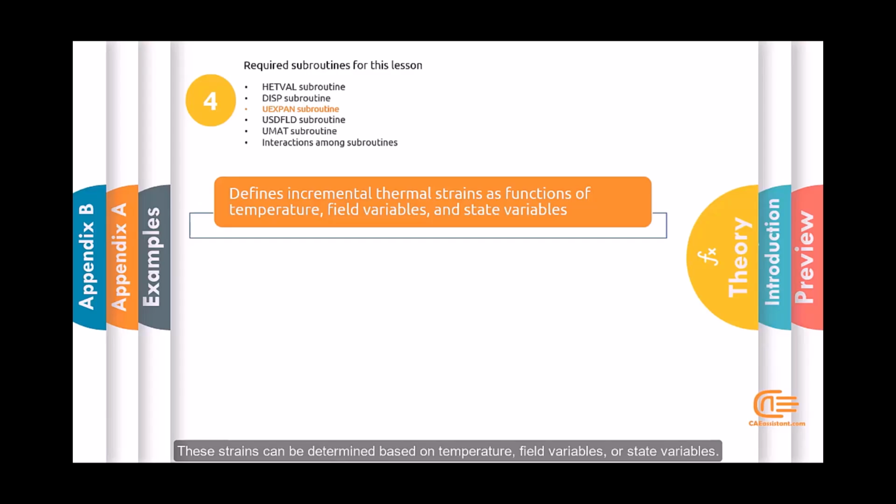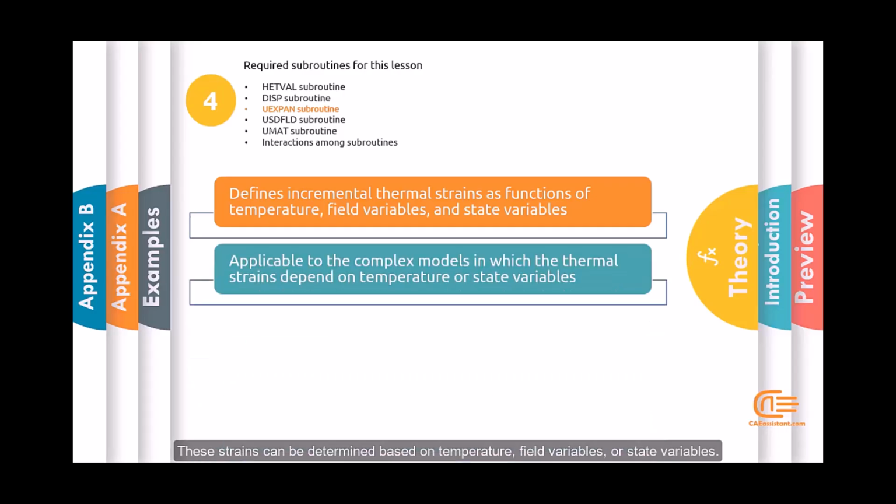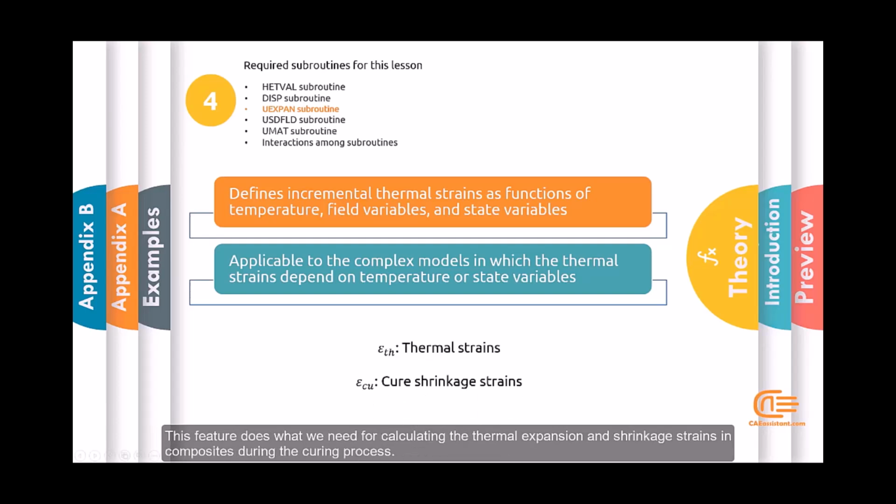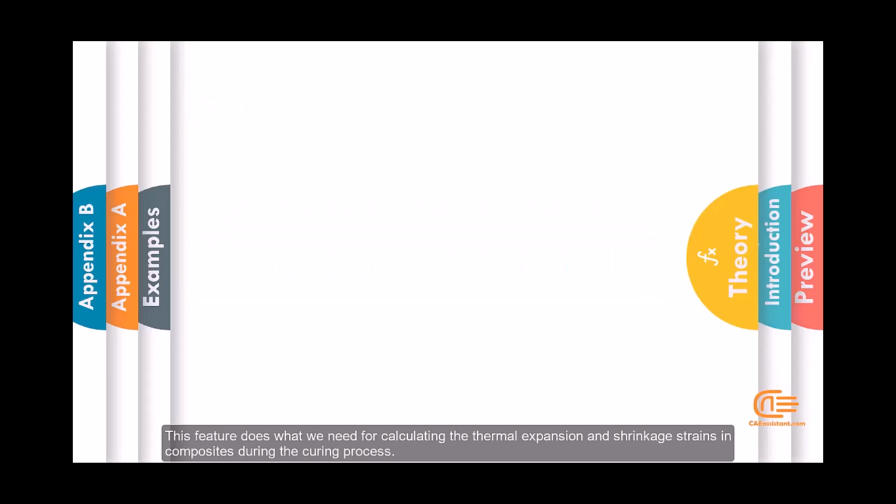These strains can be determined based on temperature, field variables, or state variables. So UEXPAN is helpful for modeling complex scenarios when thermal strains are influenced by temperature or state variables. This feature does what we need for calculating the thermal expansion and shrinkage strains in composites during the curing process.